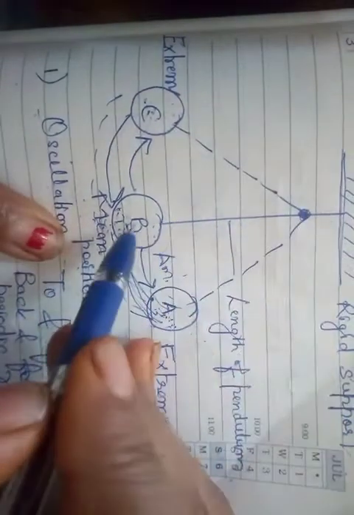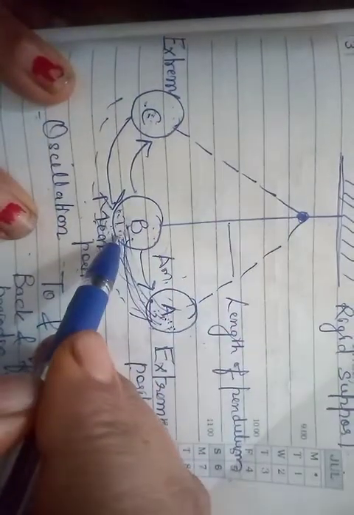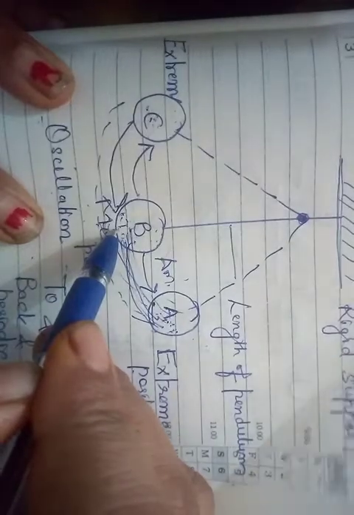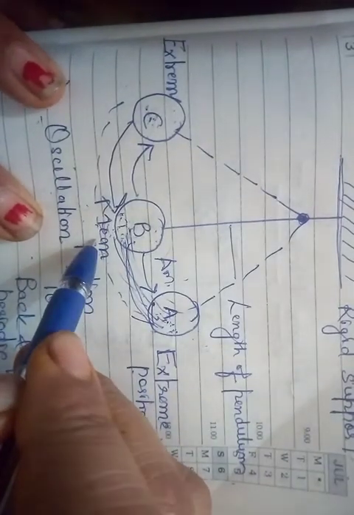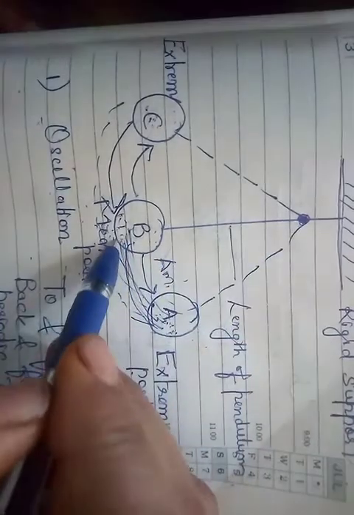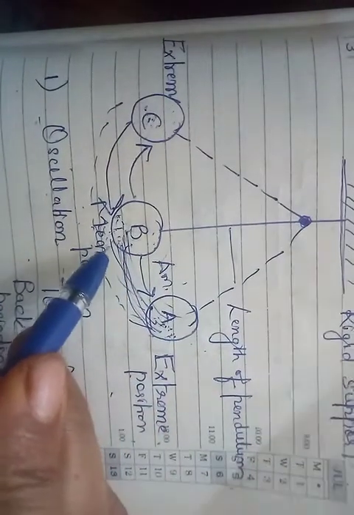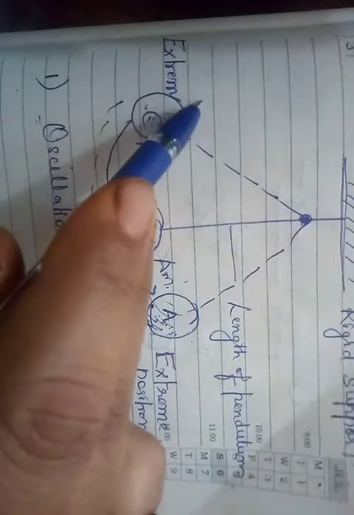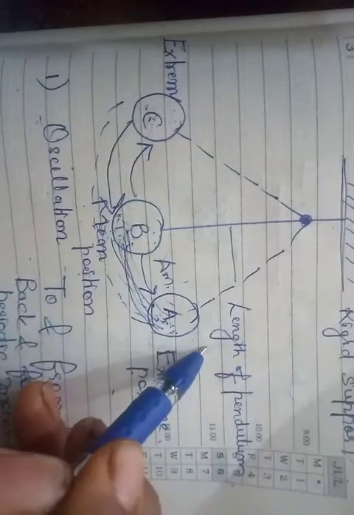When the position of this object is straight, that means at rest, that is called mean position. When we push it, it will go up to a higher state, and that position is called extreme position, whether it is left or right, any side.